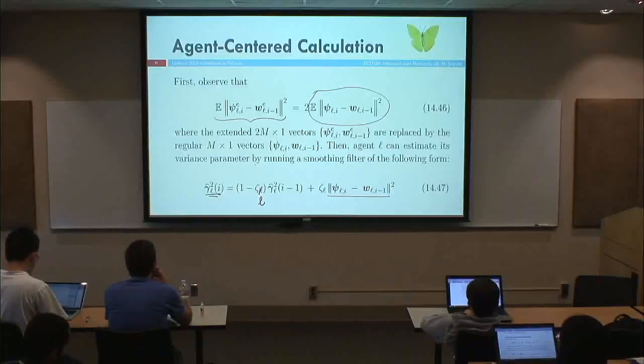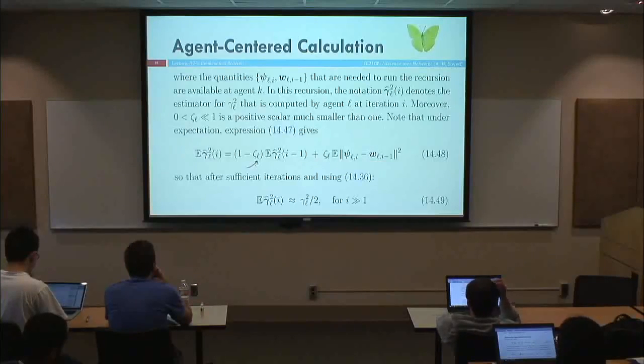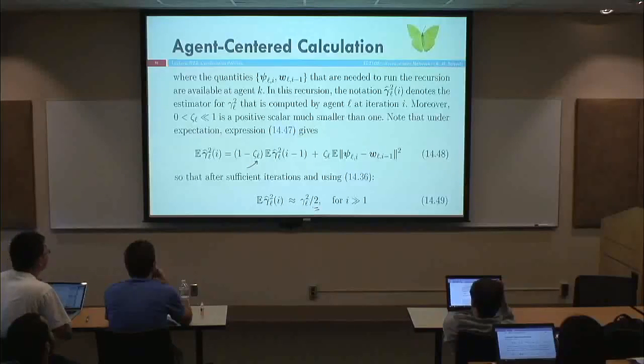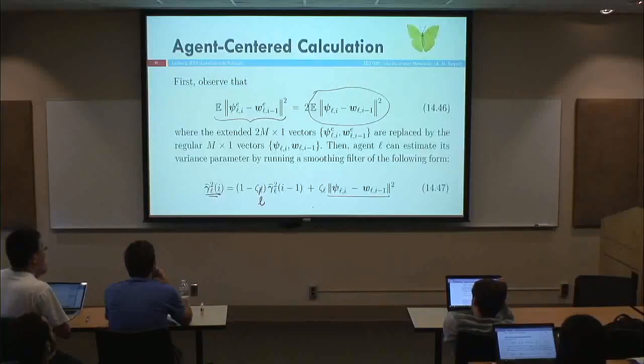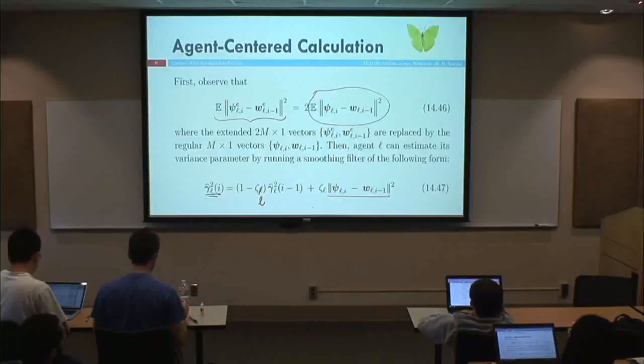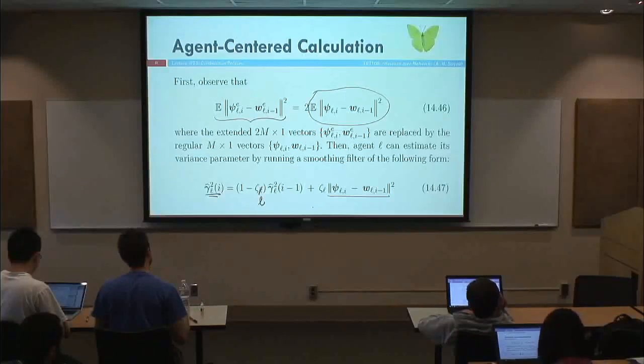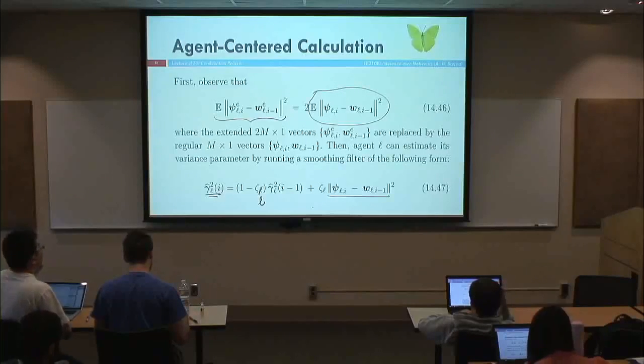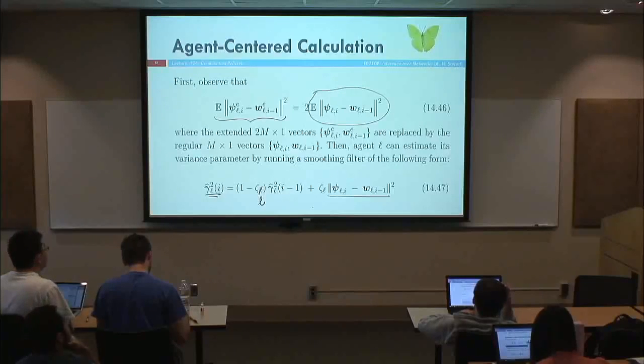So what's the argument here? Why do I have the over 2 here? Okay, so what I would like to do is estimate, yeah, the notation is a little bit off.